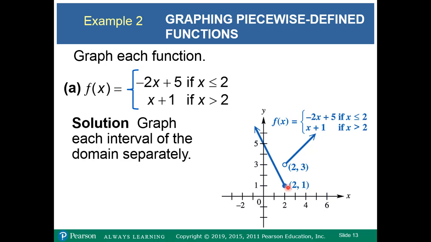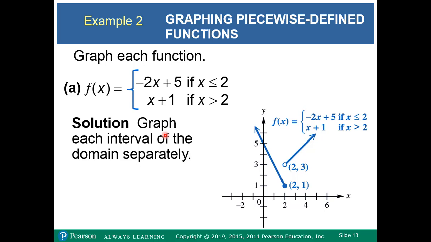And so you see that there is a discontinuity here, a break in the graph, a jump at x equals 2. So x equals 2 is in the domain of this function. But is it continuous?